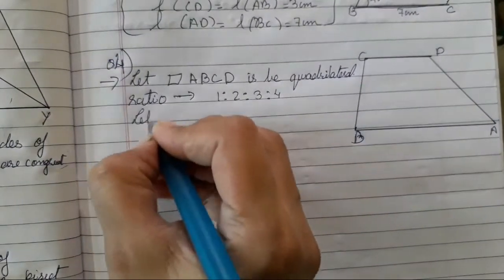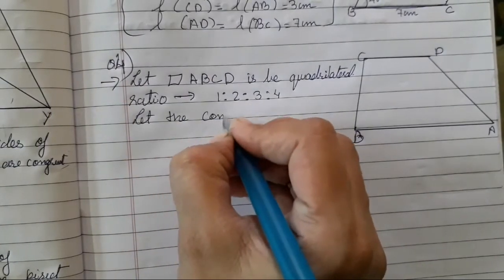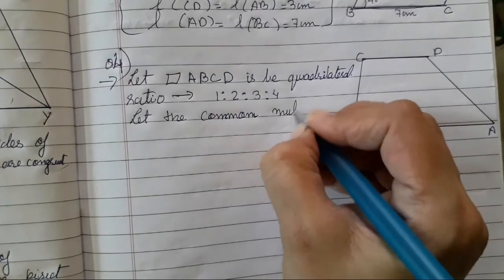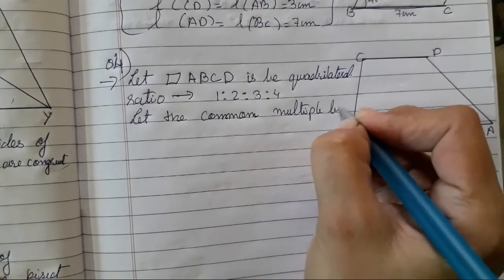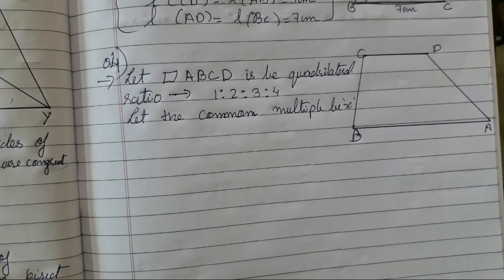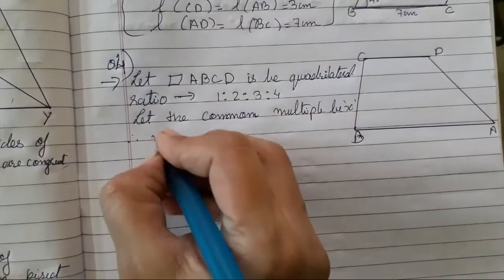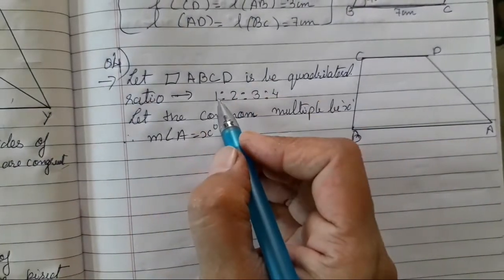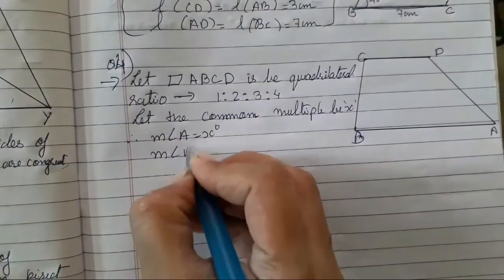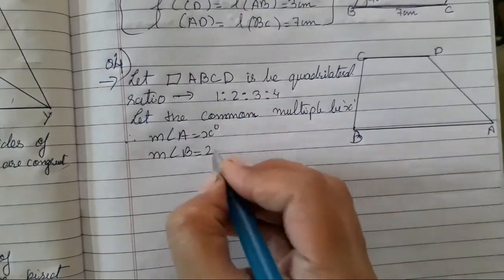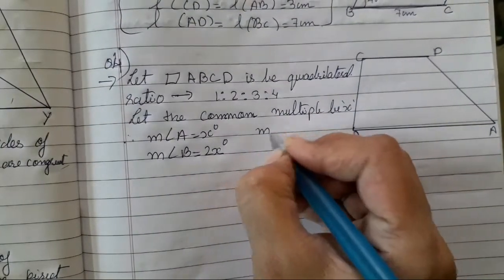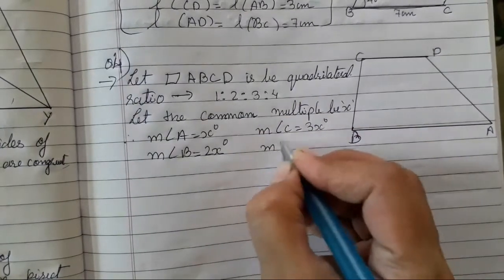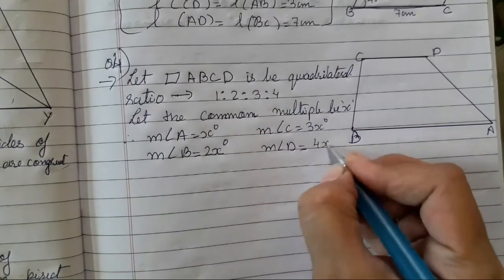Okay, so let the common multiple be x. Okay, so measure of angle A is x degree. Okay, first is x, then measure of angle B is equal to 2x degree, measure of angle C is equal to 3x degree and measure of angle D is equal to 4x degree.